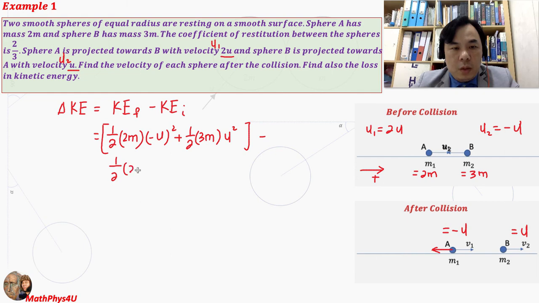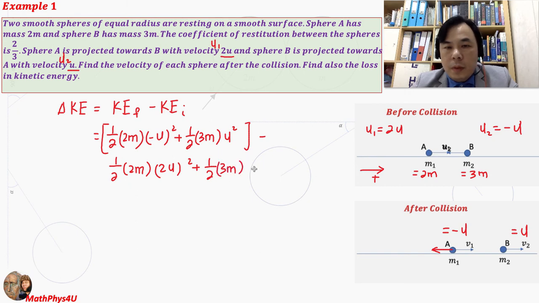Writing down this way is easier. We can check side by side the mass. The initial was 2u. Then this one actually doesn't matter because it's a speed here.